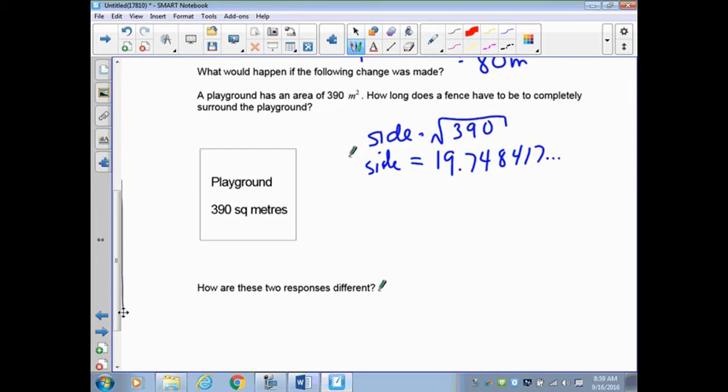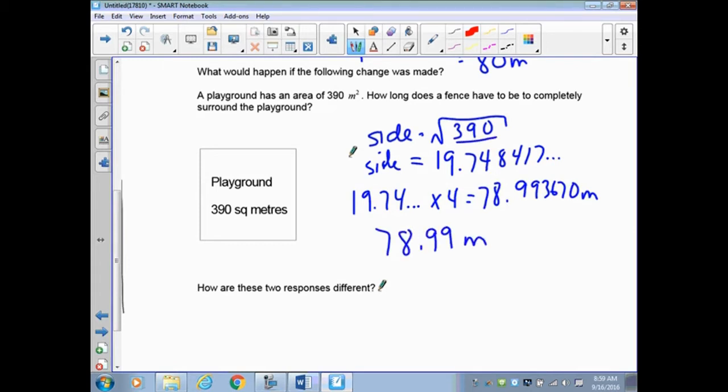So to find the perimeter, I've got to take 19.748417 and multiply that by 4, keeping it in your calculator, don't round it yet, and that will give me 78.993670 meters. Now that you have your final answer, you can round it off to 2 decimal places.